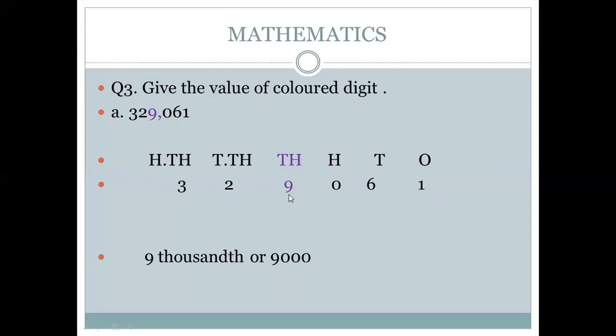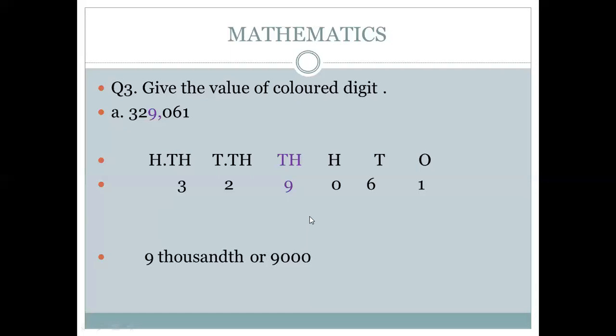The place value of 9 is 1000, according to the table. It means that the place value of 9 is 9 thousand, or 9,000. You can write in words and also in numbers.